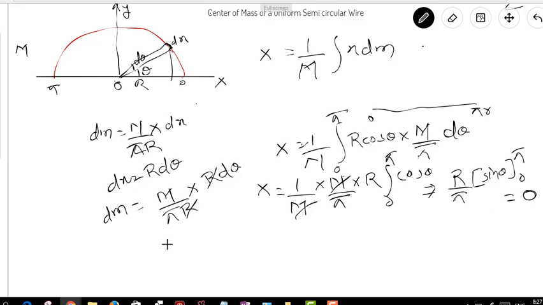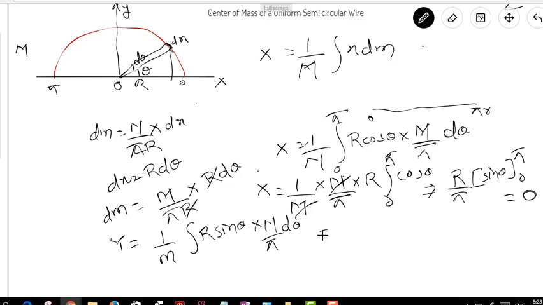Now we'll try to find the y coordinate of the center of mass. It will be 1 by m, similar to here, only the y coordinate of the element will be r sin theta. So we just replace r sin theta into m by pi d theta.